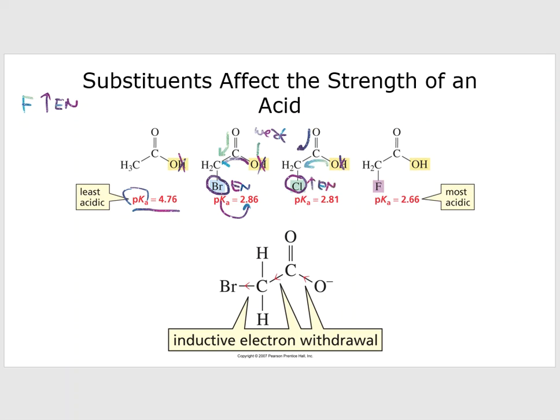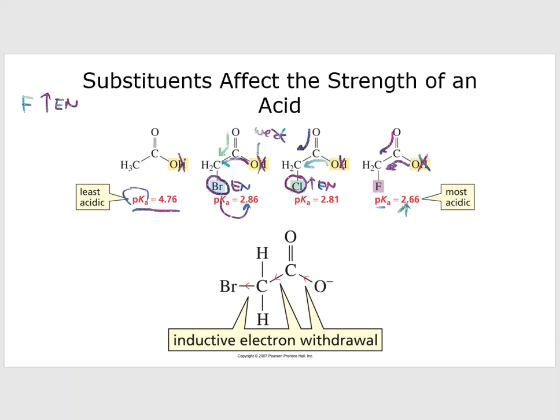And then, of course, fluorine has the highest of them all. So this is a super electron puller. It really is going to pull as much as it can toward itself. And when it does that, that hydrogen is even easier to remove, and that makes this pKa go even lower, so it becomes a better acid to begin with.